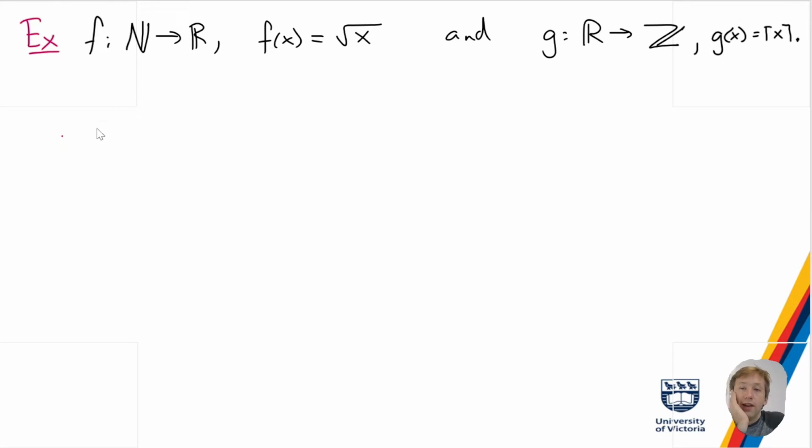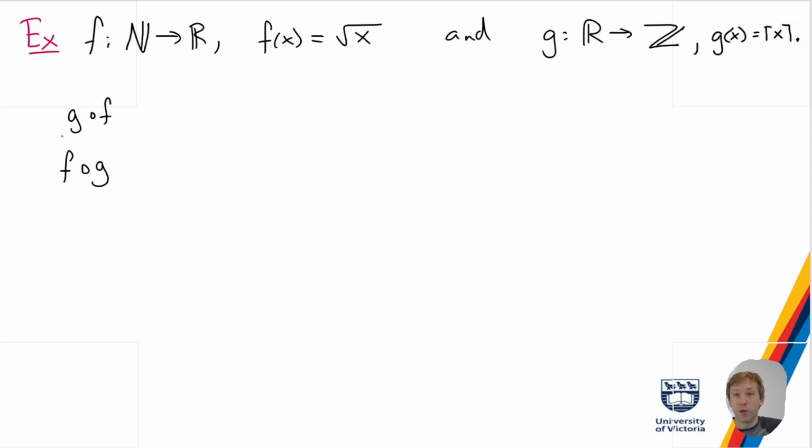Now, if you think about these two different compositions, the composition of f and g or the composition of g and f, one of these makes sense and the other one doesn't.